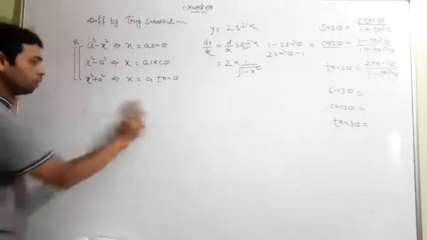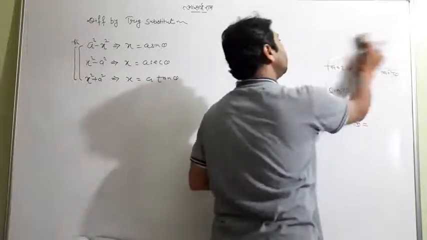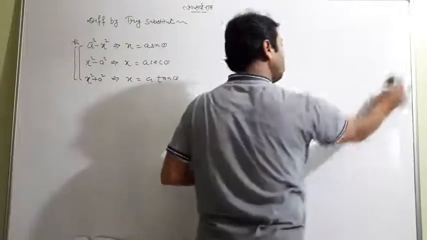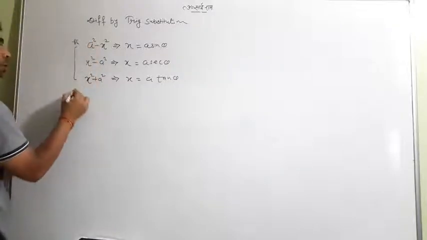Let me explain one more thing. Now we will look at all those questions in which the root sign will come. There is one more substitution which I am yet to tell you.